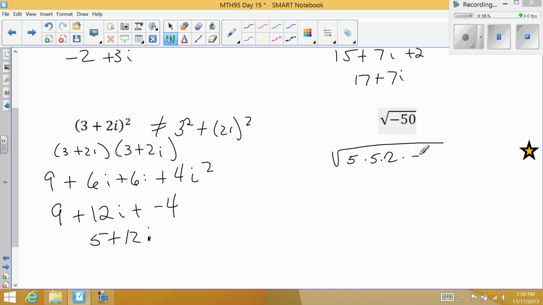And then times negative 1. So the 5 times 5, that's the square root of 25. Square root of 2 we're not going to be able to do anything with, and the square root of negative 1 by definition is i. So we get a 5, square root 2, and an i, or you can write that as 5i square root 2. Either one of those is fine with me.